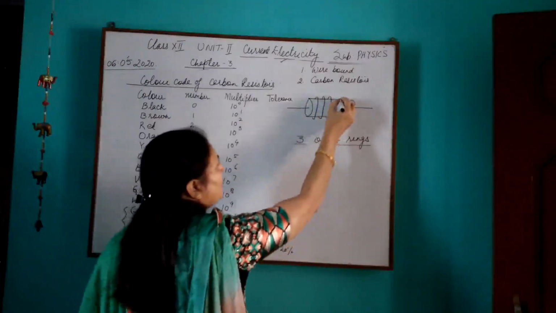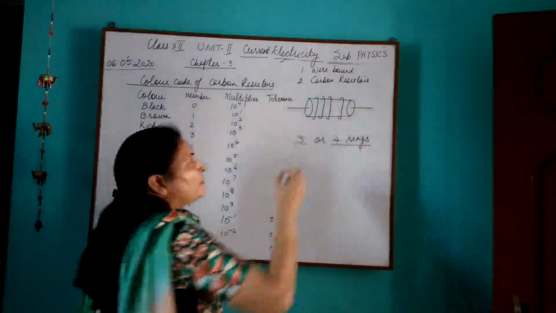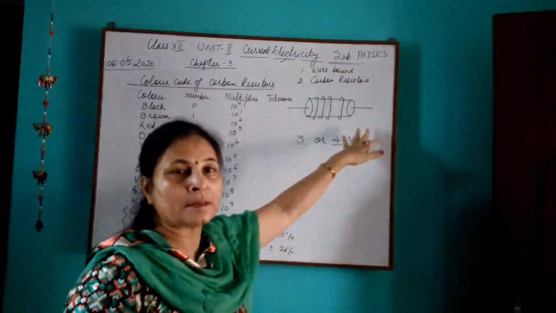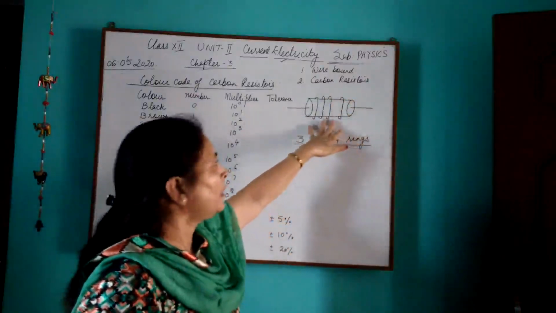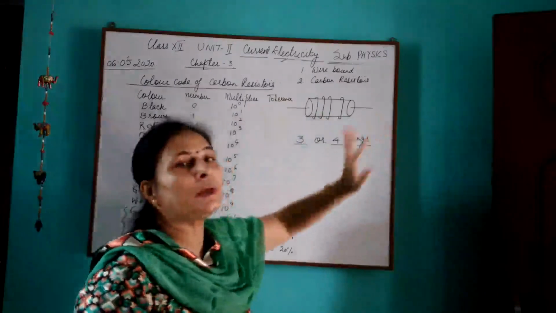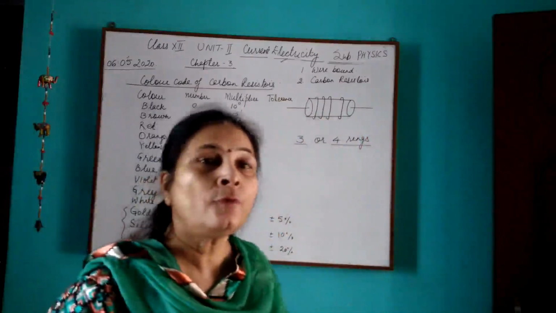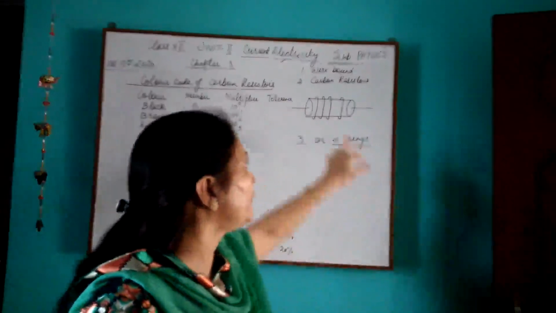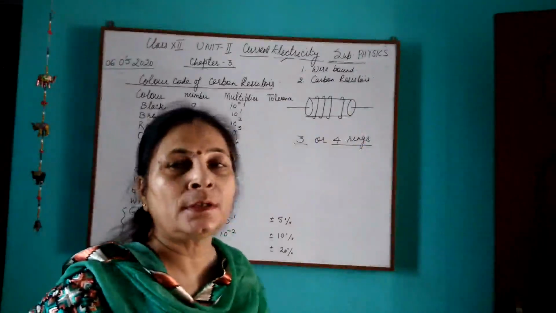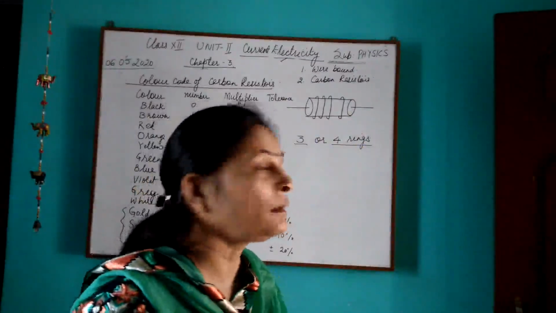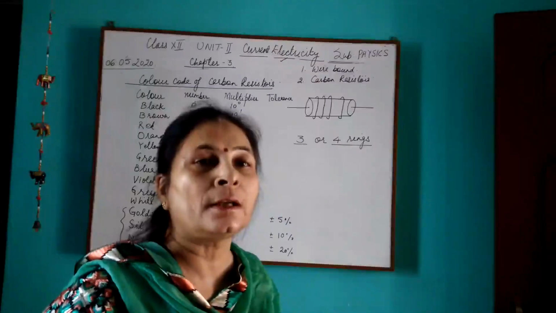3. Fourth one in most of them is having a little bit distance. In some books you will get in continuation the 4 rings. Now if there is a distance between the third and the fourth ring, then you will be able to easily understand from where you have to read the colors.